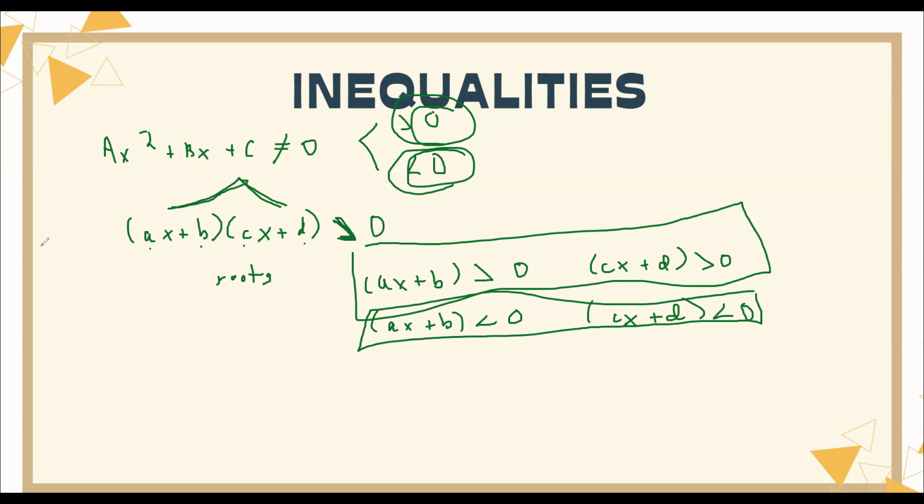But if your expression ax plus b, cx plus d, once you have factored out your quadratic inequality, is less than 0, then they would alternate. Because it is less than 0 as a whole, right?